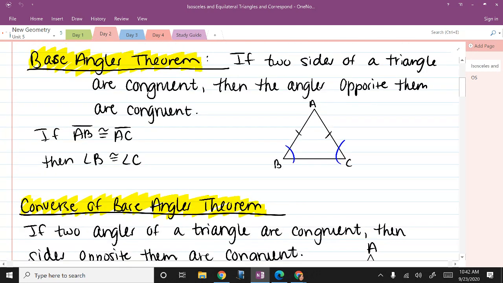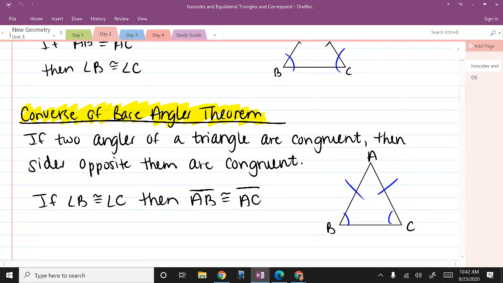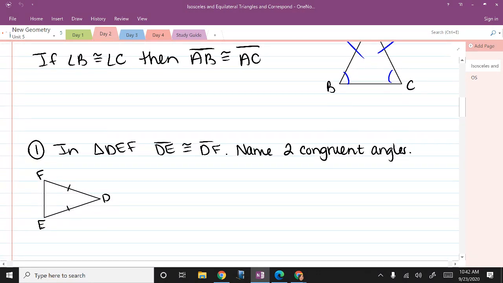The base angles theorem said if two sides of a triangle are congruent, then the opposite angles are congruent. The converse says if two angles of a triangle are congruent, then the sides opposite are congruent. So this one is saying if the base angles are congruent, then the sides are congruent. Okay, so that's the converse. The original base angles theorem said if two sides are congruent, then the base angles are congruent. This one says if the base angles are congruent, then the sides are congruent. Okay? So that's important information.